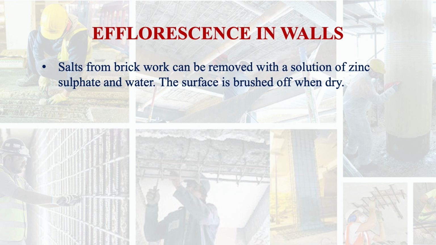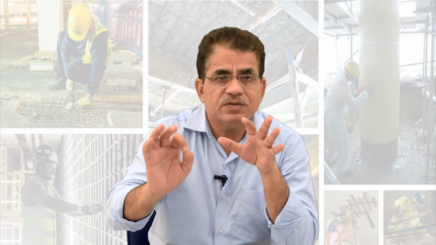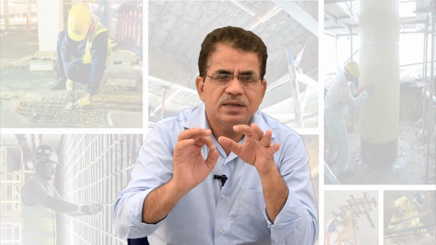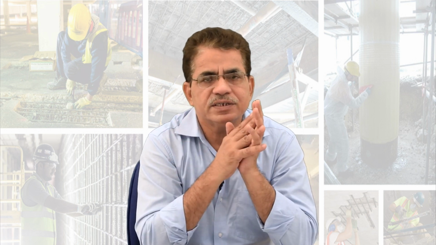How? The surface is brushed off when dry. A solution of 1 part hydrochloric or sulfuric acid and 5 parts water is applied vigorously with scrubbing brushes, with water being constantly sprayed on the work with a hose to prevent the penetration of the acid. One has to be careful that acid should not penetrate into the wall, otherwise it will further deteriorate.